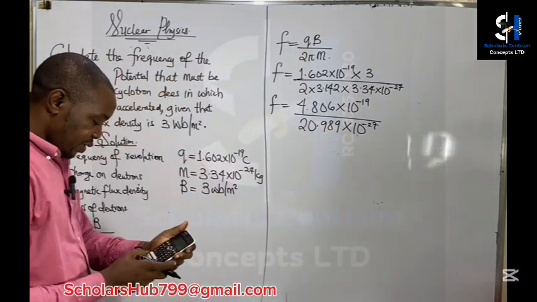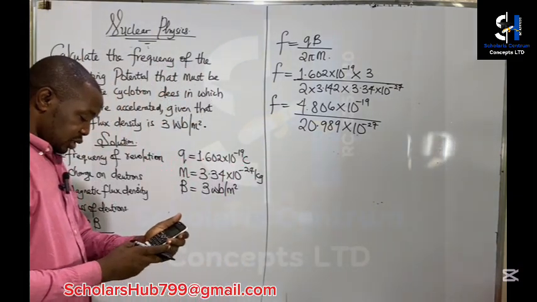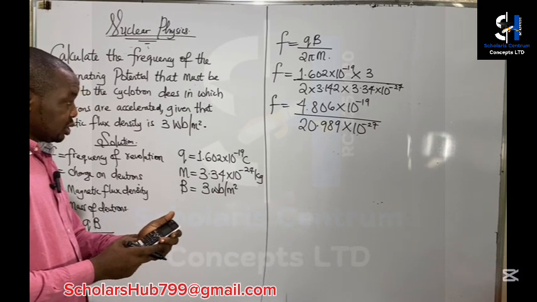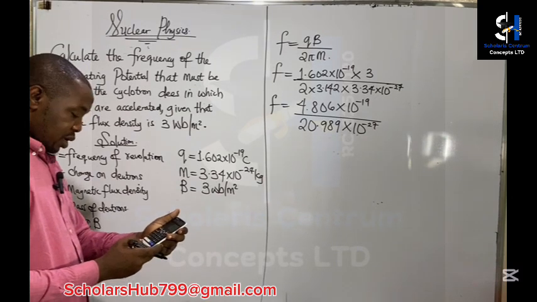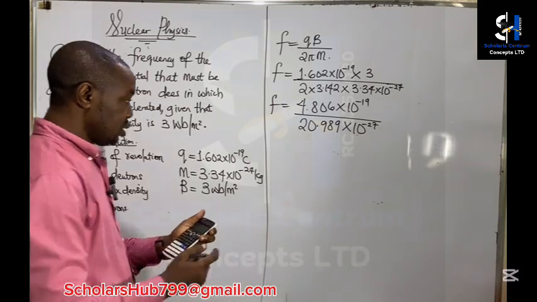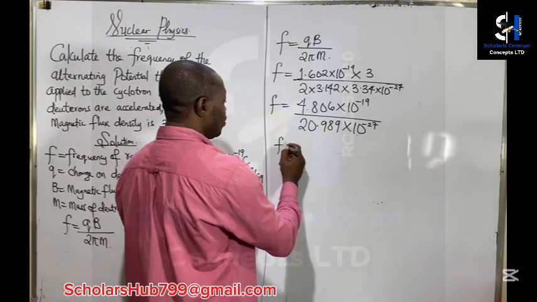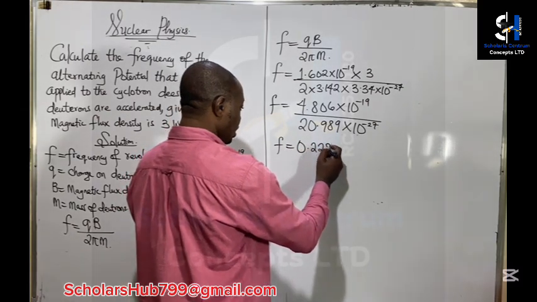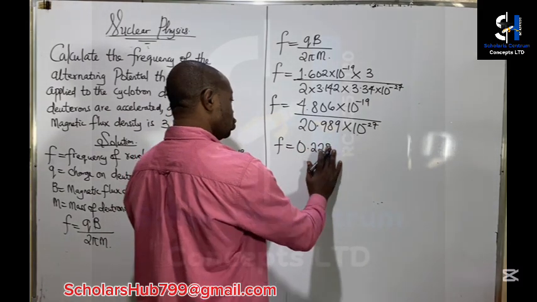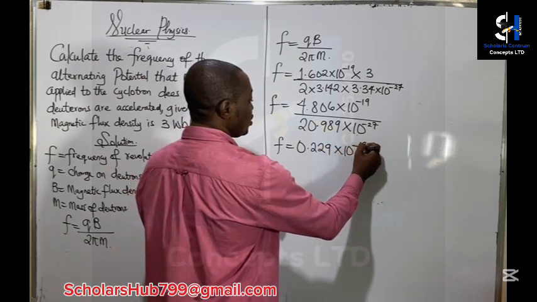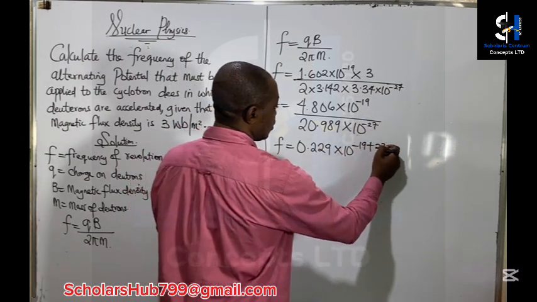Now let's divide 4.806 by 20.989. That gives 0.229 multiplied by 10 raised to the power of negative 19 plus 27.